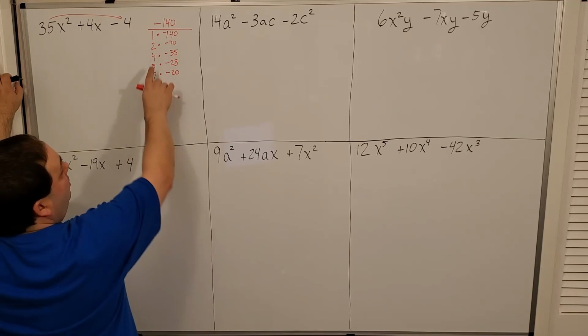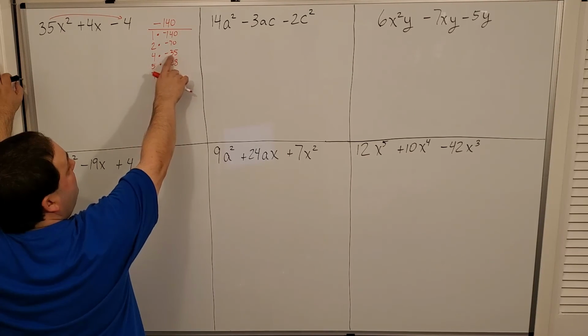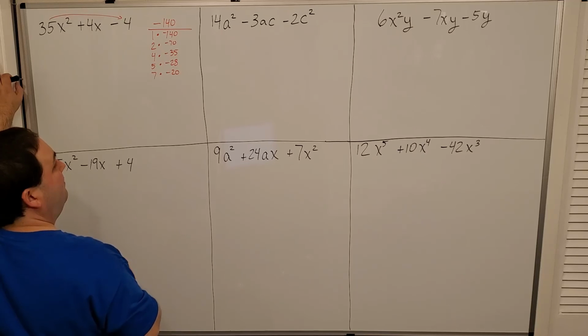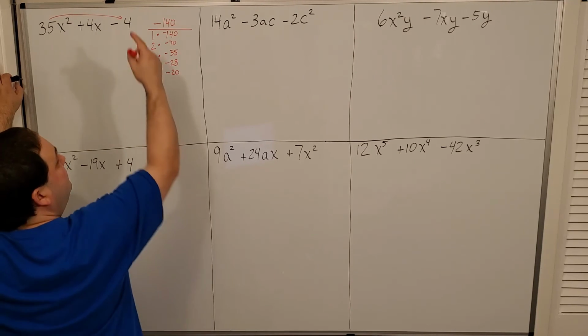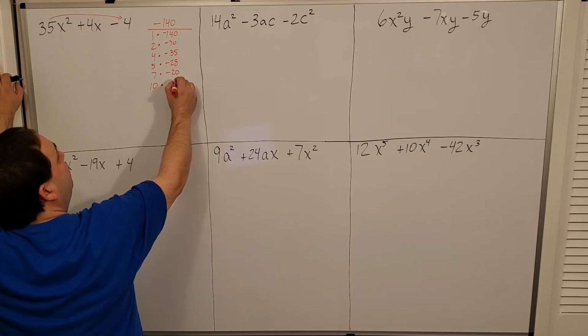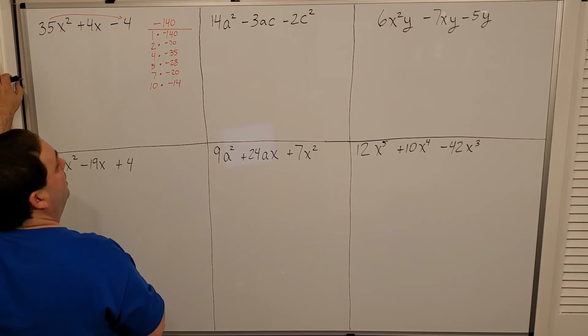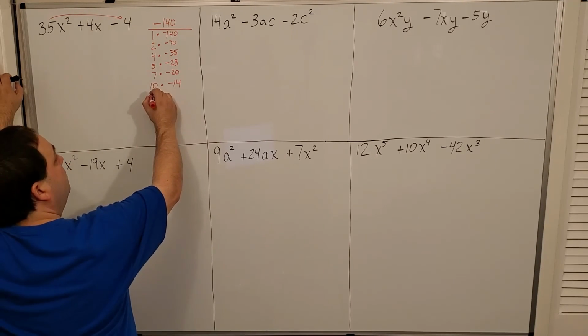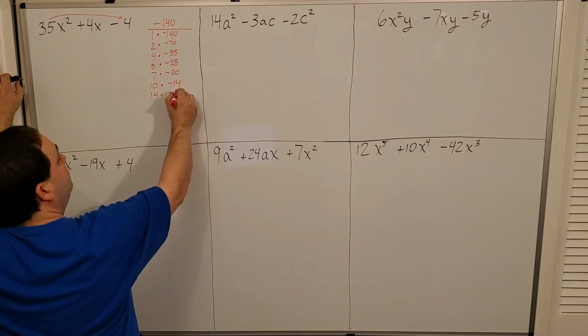8 doesn't go. 4 goes, but not 8, because 35 is not even. 9 doesn't go. 10 goes, right? 10 times negative 14. 11, 12, 13, and then 14. So notice we've hit the repeat, right?